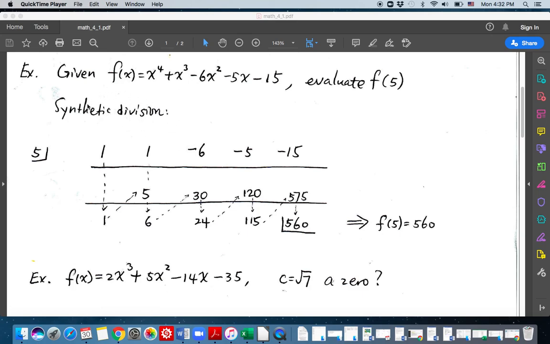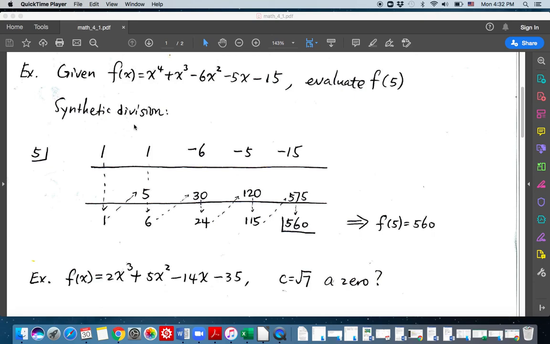The advantage of using synthetic division is going to be a lot more clear if we have to cope with a much higher degree polynomial, for example, a 10th degree polynomial evaluated at say x equals 11.